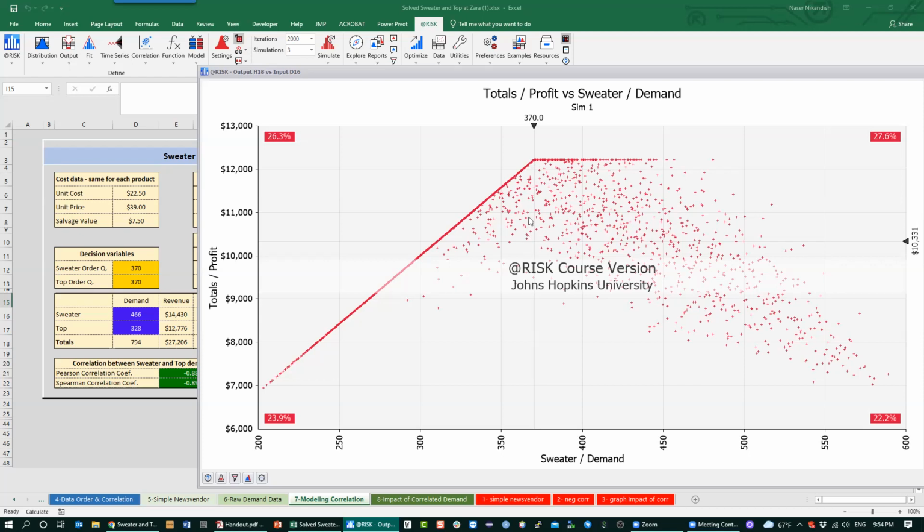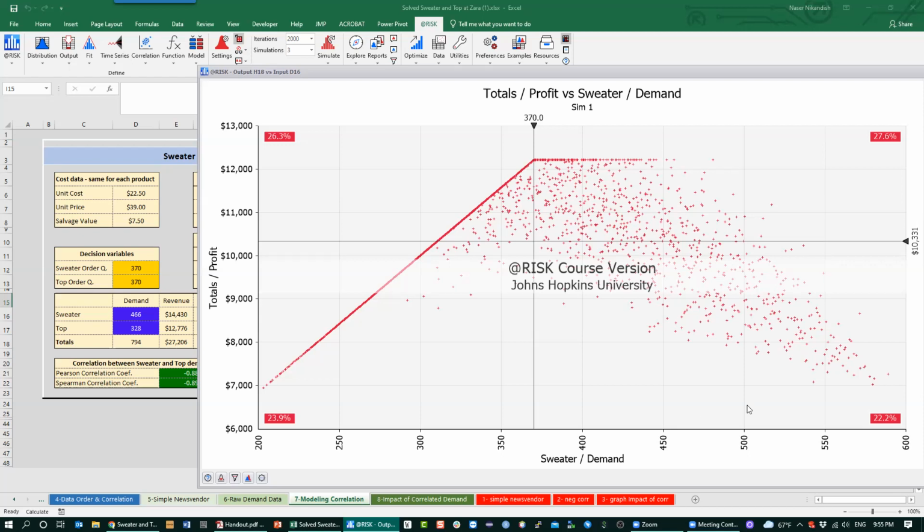Let's talk about from this breaking point forward. That breaking point was 370, right? So at any point after that, your demand for sweater is above 370, which means you are selling all units of sweater at full price and collecting the maximum possible profit from sweater. How about top?